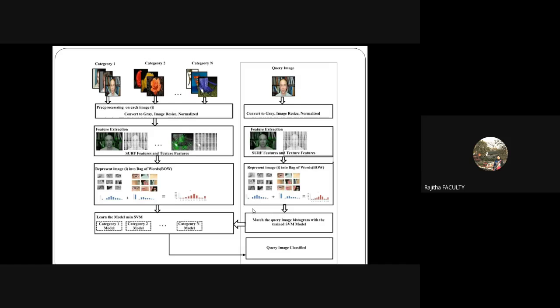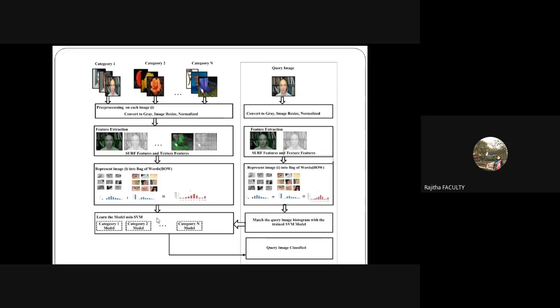Whatever approach you apply, the data set is going to remain the same, or the data set could be different. The pre-processing techniques will be different, and the feature extraction techniques will be different. Bag of words construction or feature fusion, whatever approach you apply, it is going to be applied. Then your machine learning technique comes here.